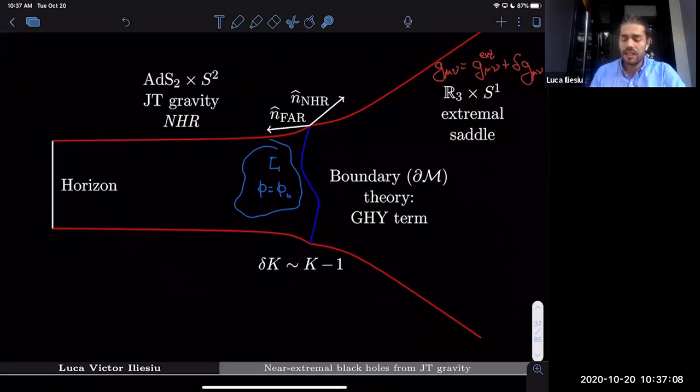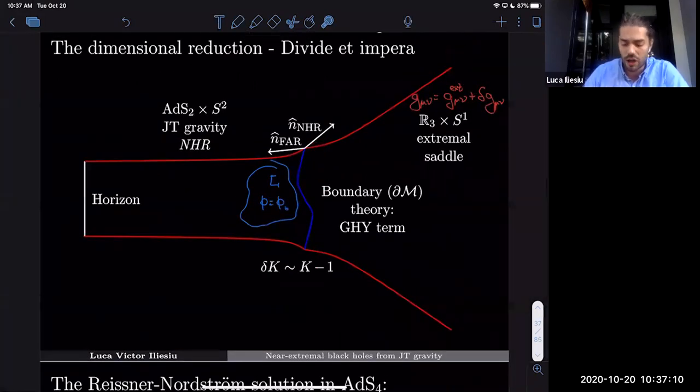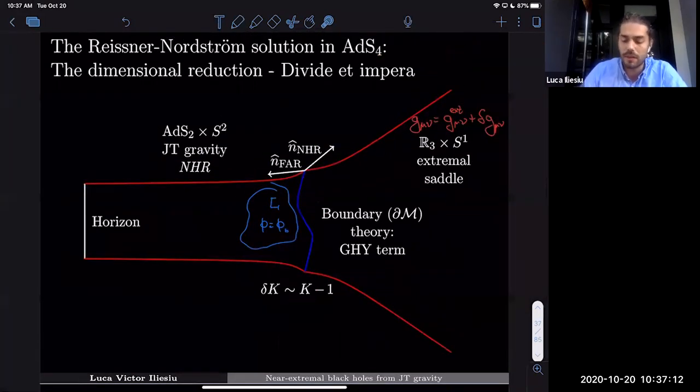And it turns out that integrating this by parts leads to a boundary term that's precisely the Gibbons-Hawking-York term for the action in the near horizon area.